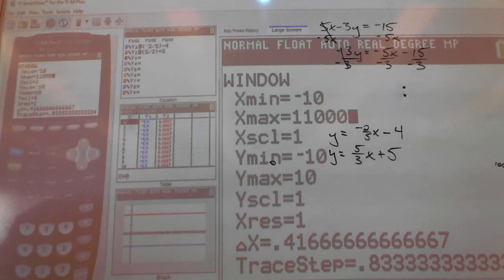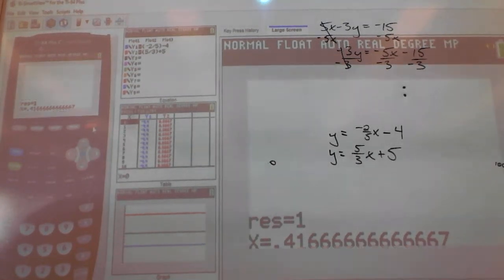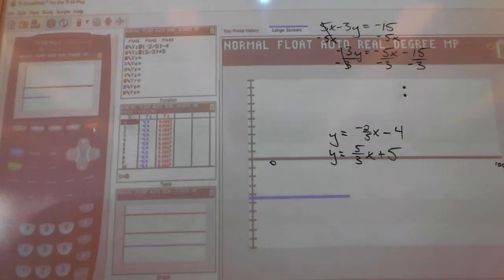Whoa, my mistake. Just let me back up and delete. Now it's at 1,000. Now press graph and see what happens. Oh my goodness, they're going on forever.